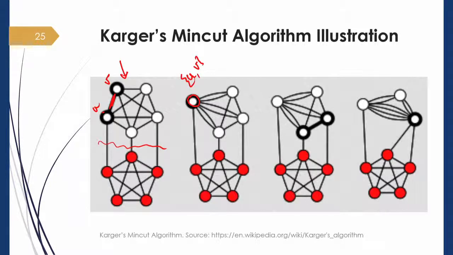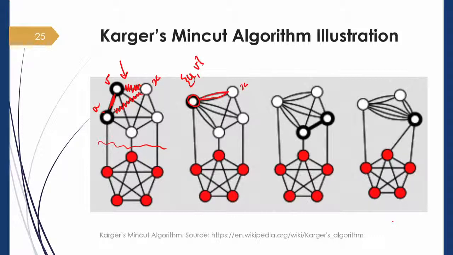Of course, the self loop is thrown away, but notice that there are multi edges that are created. For example, there is an edge between v and, let us say, x. There is also an edge between u and x. Now, between the super node that includes u and v and x, we have to include both of those edges. And then we proceed, and similarly all other multi edges are also being retained.